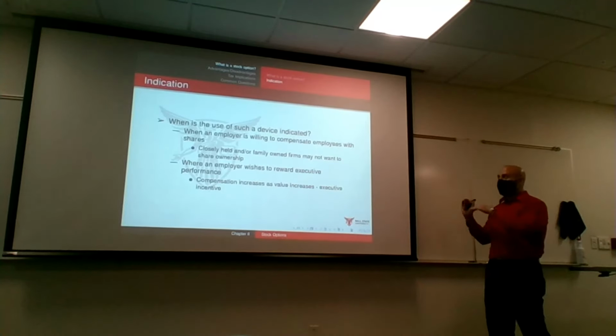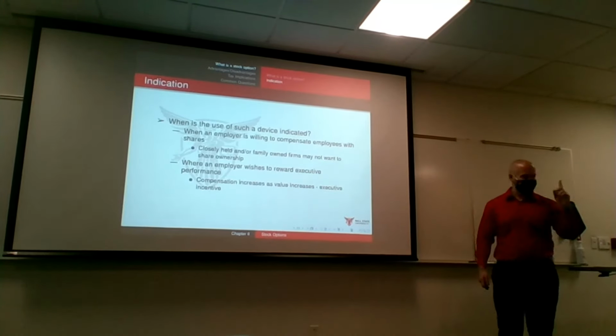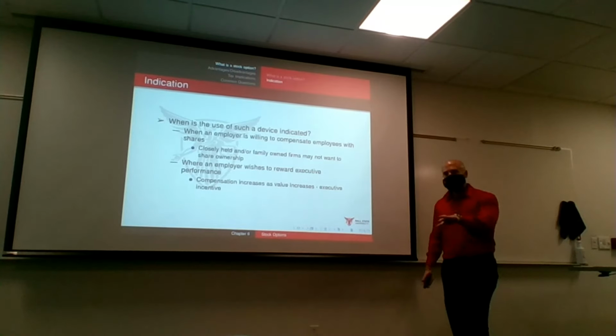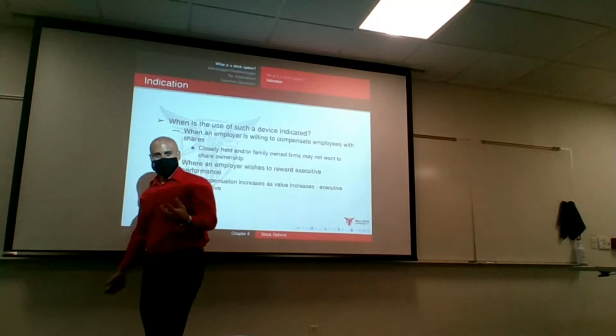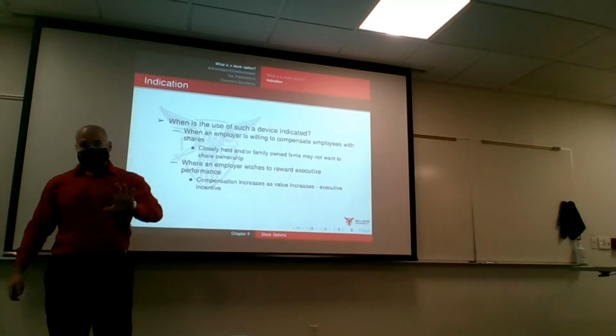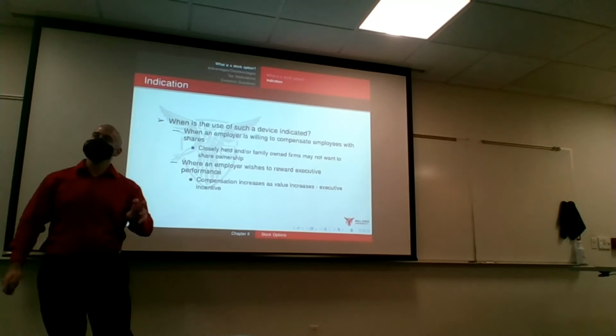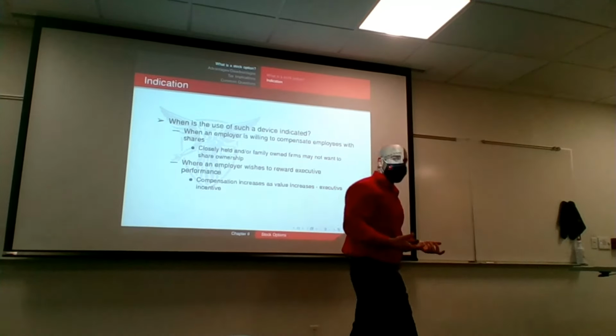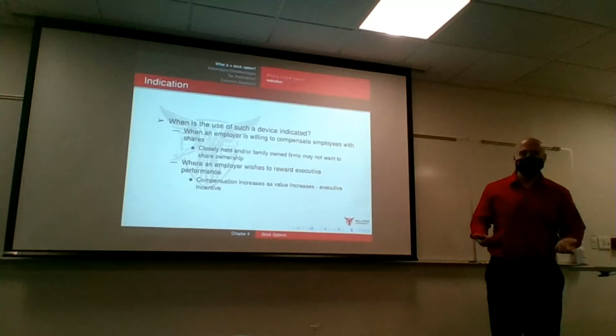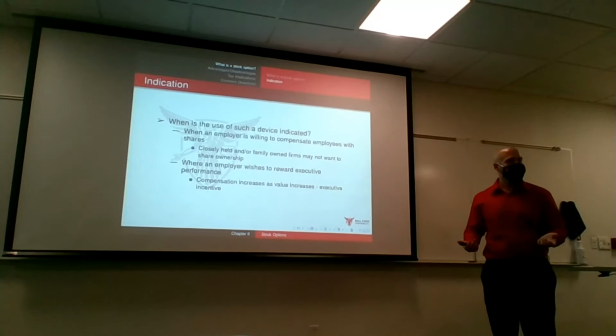So when an employer wants to compensate employees, you kind of need that. If you're the advisor, and you have a small or privately held firm that you're helping, they probably won't want to do this. And if they're moving to it, then you need to make sure that they're aware that what they're doing is giving up ownership. That's what happens.